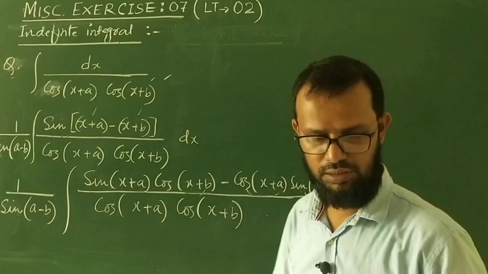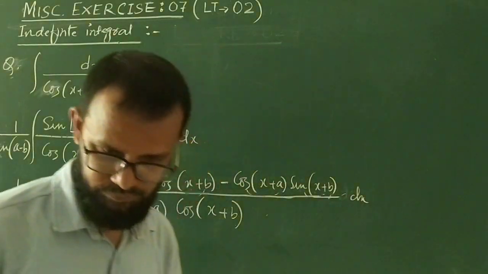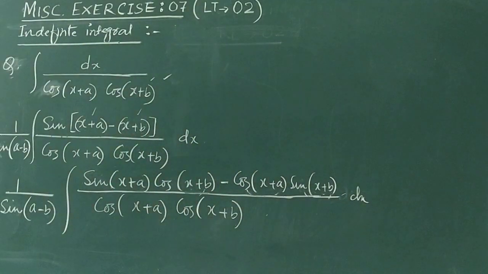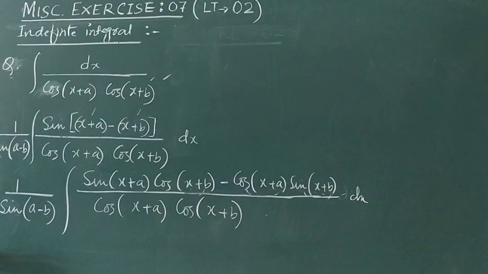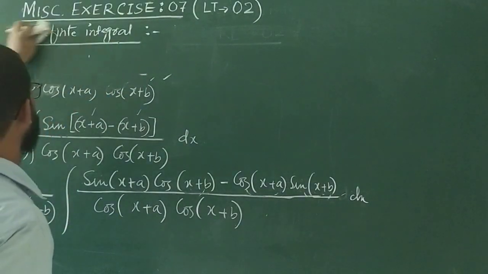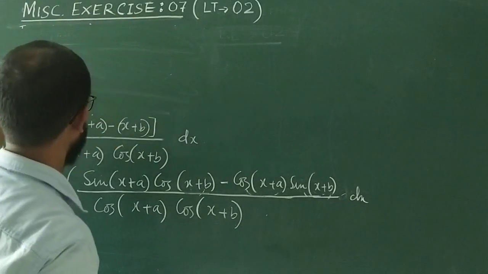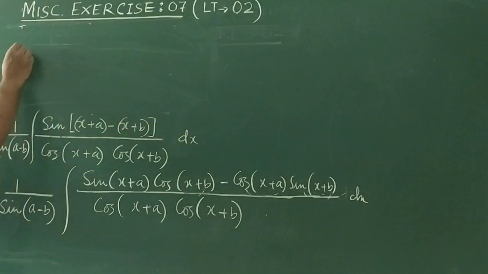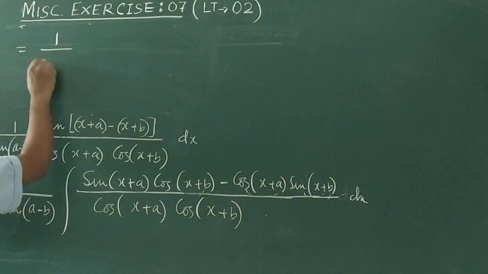So what we will do? In the next step you can write like that. So 1 by sin(a - b) is there.